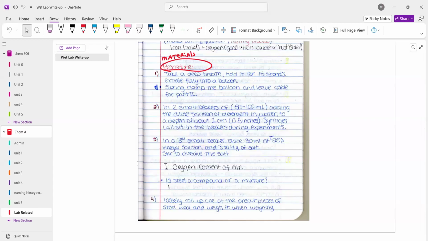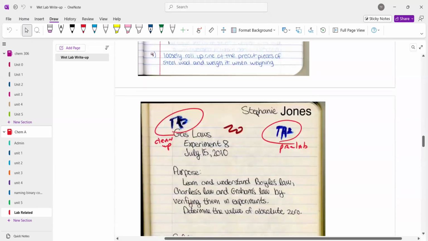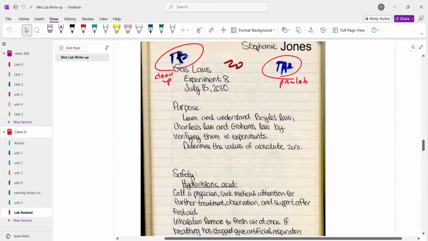You walk up to the station and you do what the directions say. Now, it's all based on the labs you've been doing. If you've been doing the labs yourself, you'll know what to do. If you haven't been doing them, you're not going to know what to do, and you'll do poorly on your lab practical. Okay, so that's basically it for pre-lab.